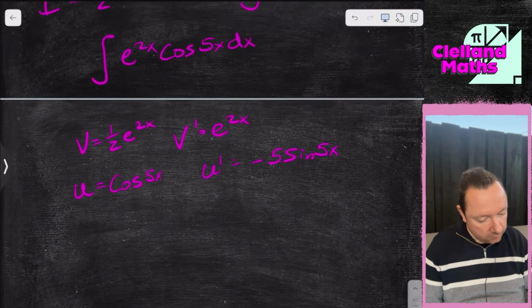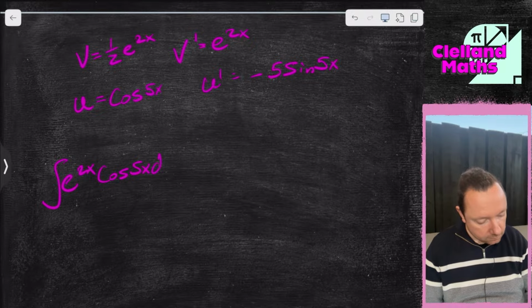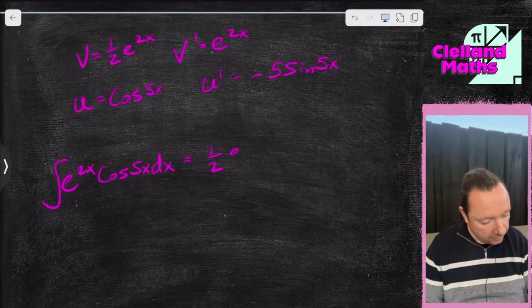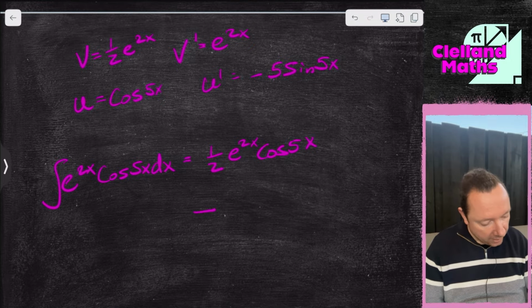So the integral of e to the 2x cos 5x is uv, which is a half e to the 2x cos 5x minus the integral of v u dash.